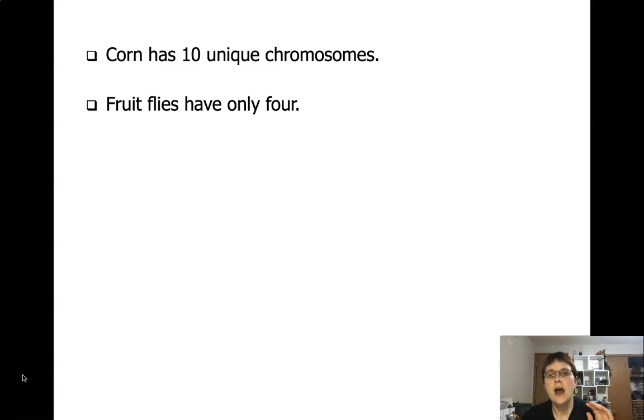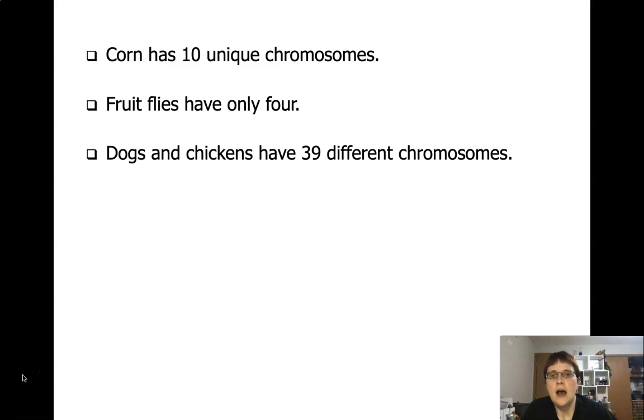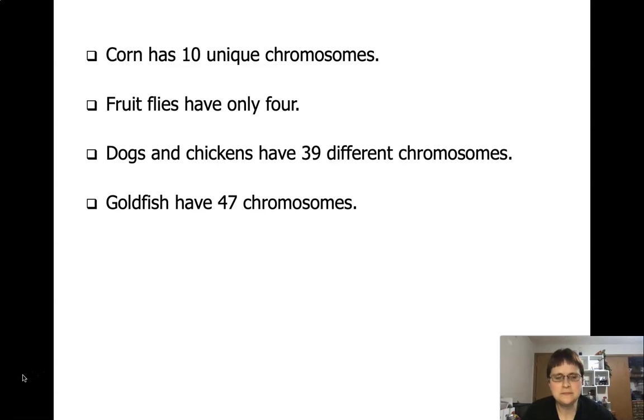All right. And so the number of chromosomes that you cut your information into doesn't really do anything other than help you as far as the way it's organized. For example, dogs and chickens have 39 different chromosomes, while goldfish have 47.